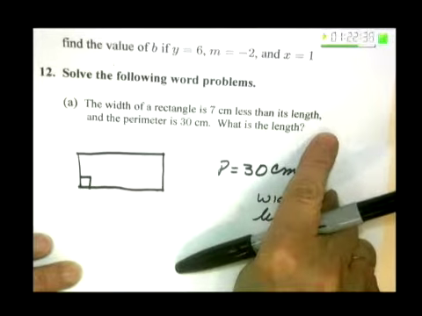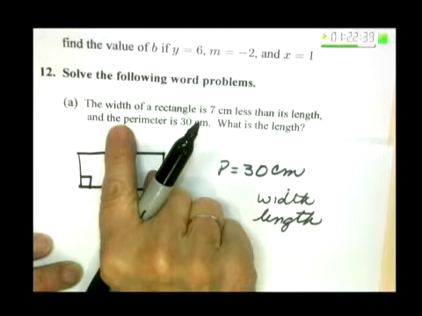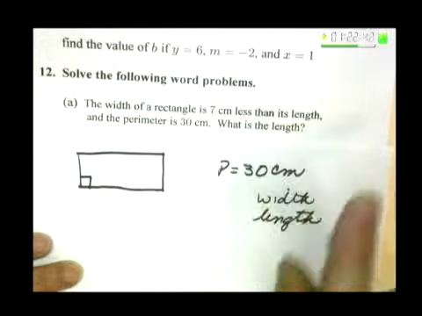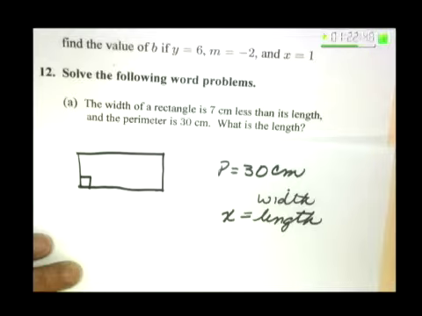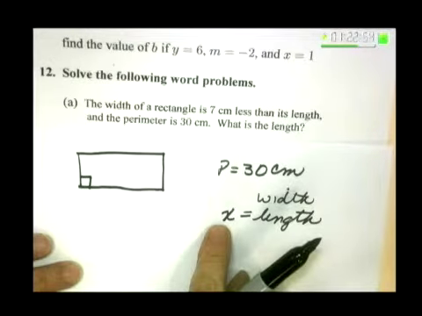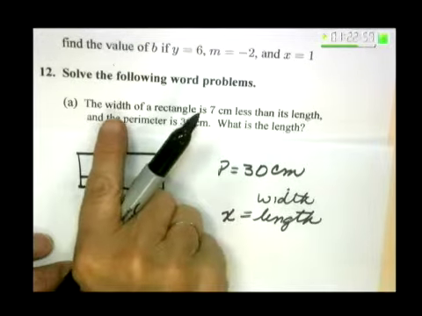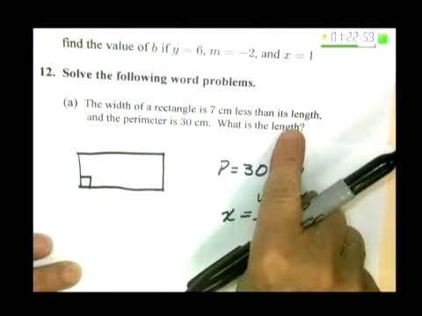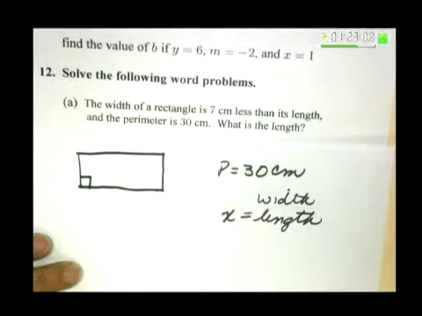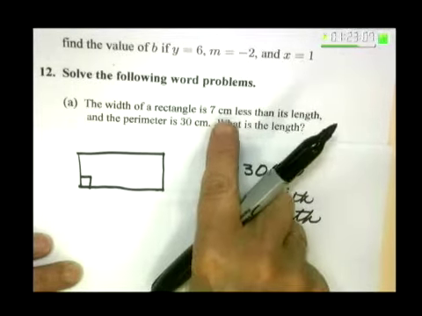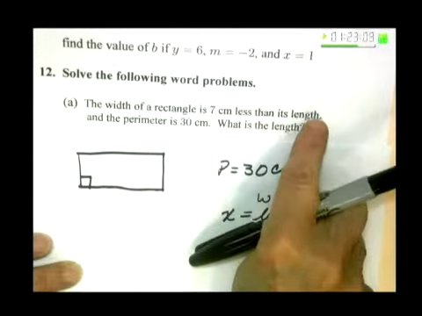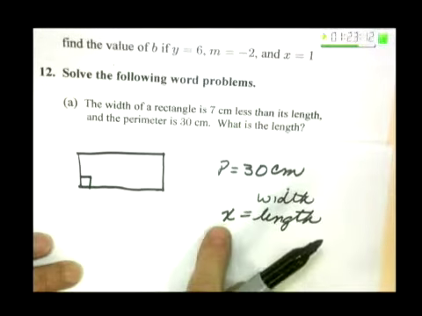So the width is less than the length. So I'm comparing the width to the length. So I'm going to make the length my variable. I can call it x, I can call it a, I can call it l, I can call it anything. But I let x be worth the length because I'm comparing the width to the length. Okay? The width of a rectangle, so now we're talking about the width, is 7 centimeters less than the length.